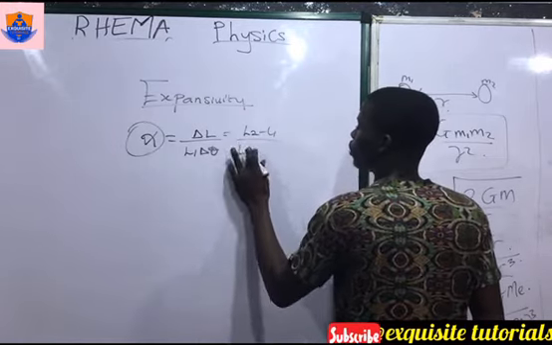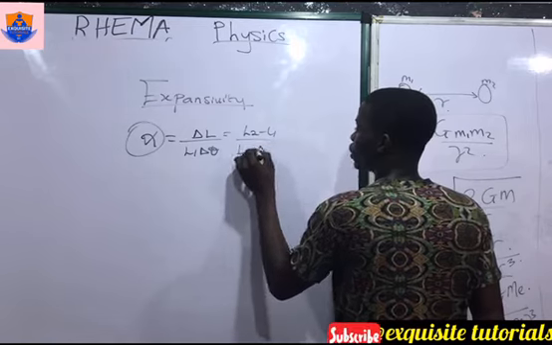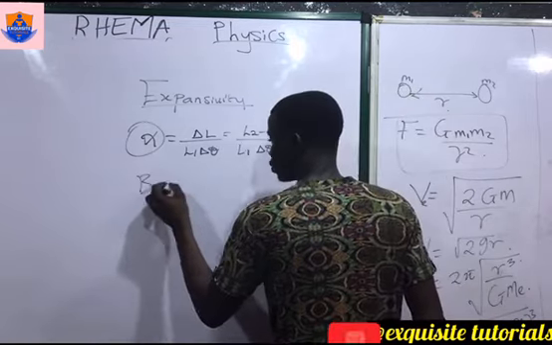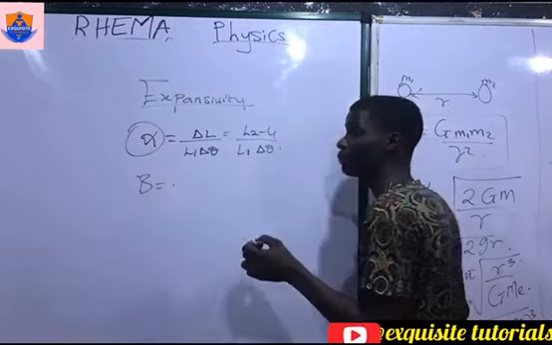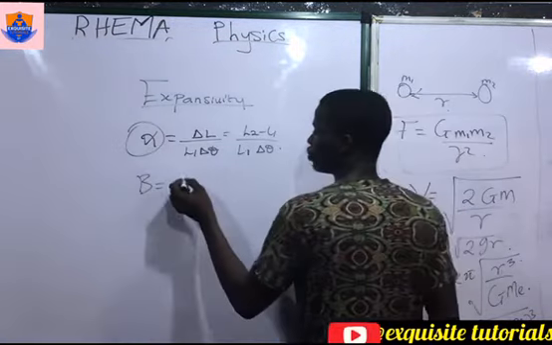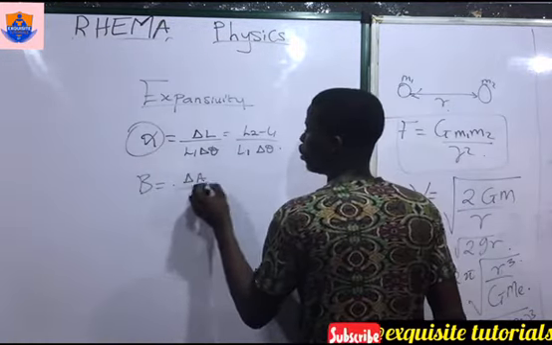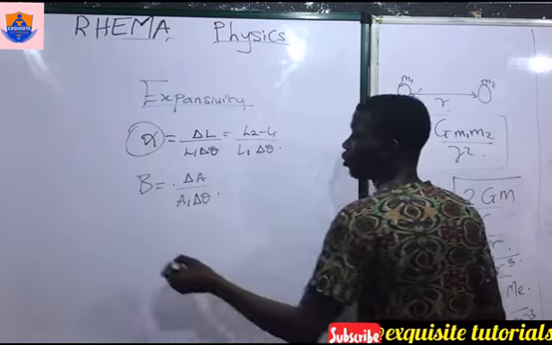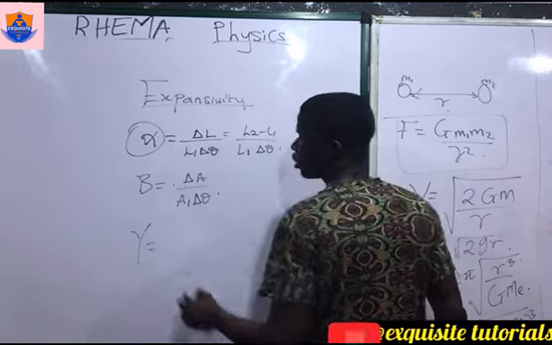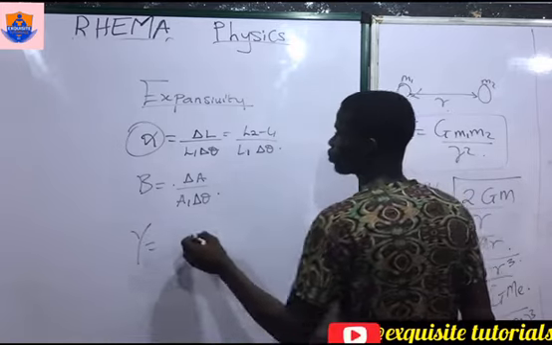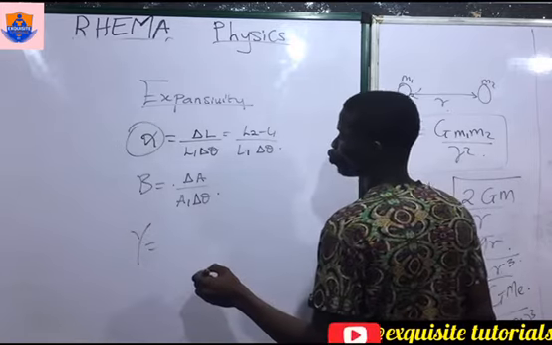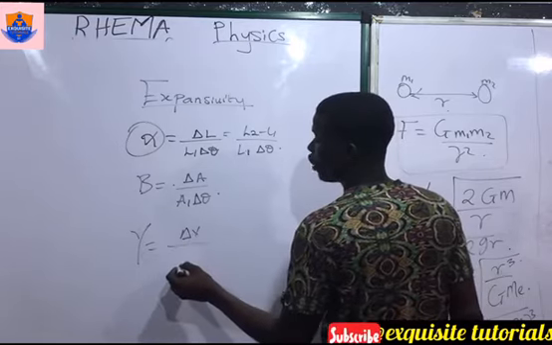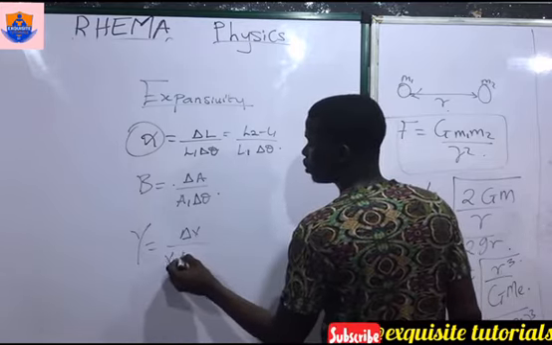Then beta, the superficial area expansivity, is equal to delta A all over A1 delta theta. And gamma is equal to the change in volume all over V1 delta theta.